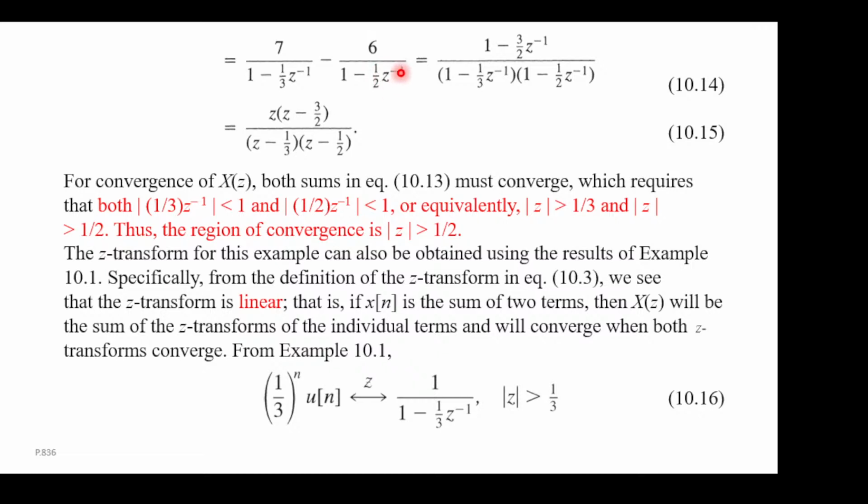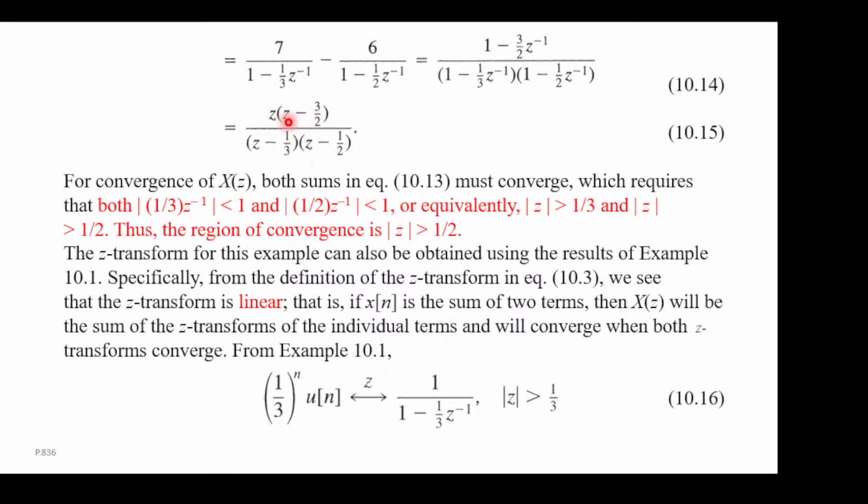Then you can brute force your algebra and combine those two terms and get still a rational function of z, or more like a rational function of z to the minus 1. But we are plotting on the z plane, so you want to multiply by z to get a rational function of z to see where your zeros and poles are.